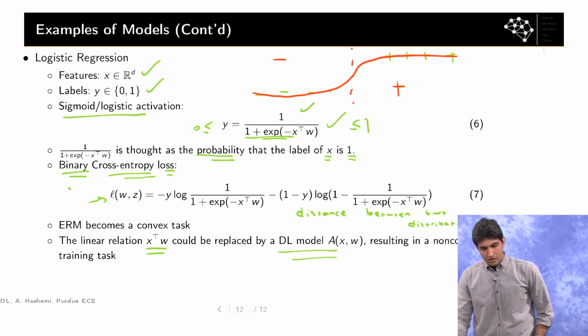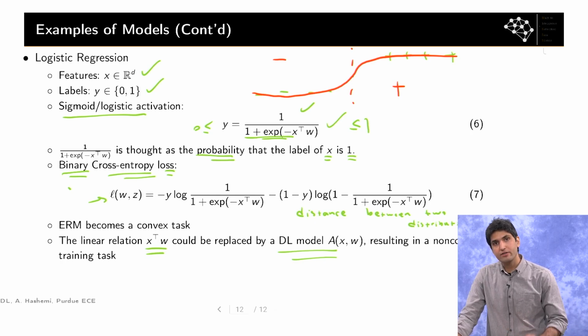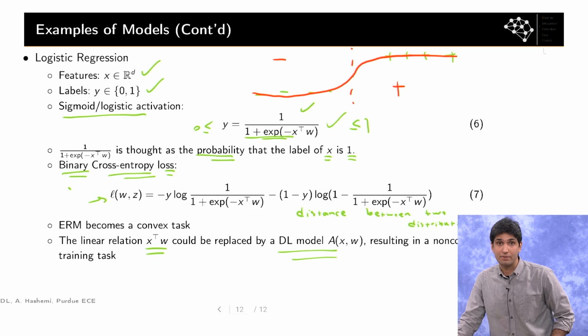Now, one question we may ask is: these examples are simple, so we may not be able to leverage them in practice, so why are we talking about them? The reason is that this gives us a way to talk about the process of applying deep learning models.